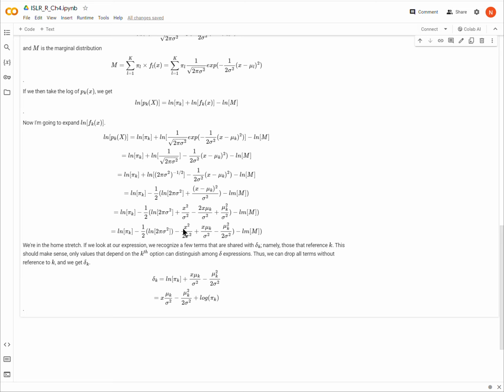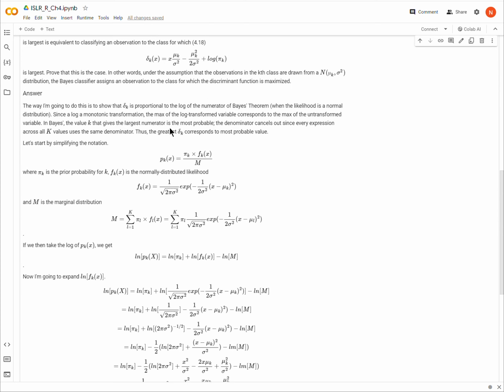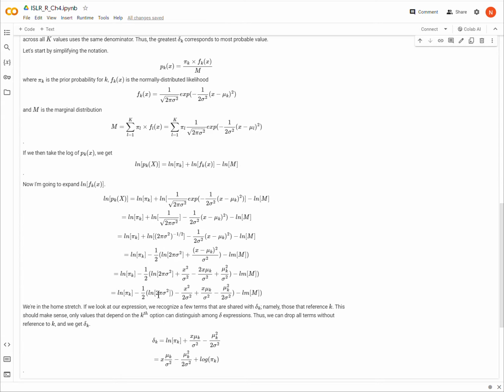Now if I look at this expression, I recognize quite a few terms that were contained in delta, but it seems like there are more terms here. The terms contained in delta that are also contained in this final expression are precisely the terms that reference category K. So again, I've duplicated delta here.